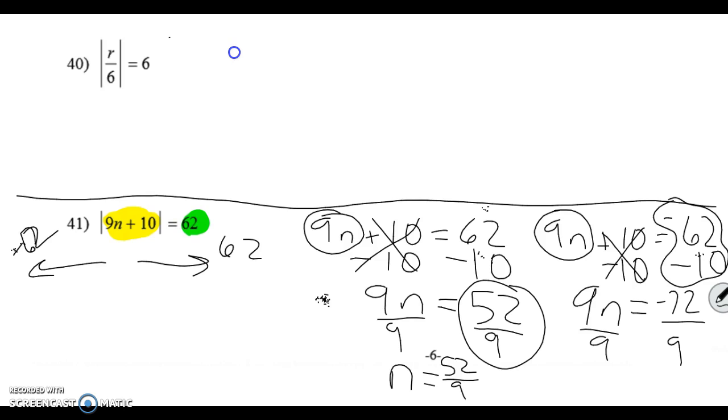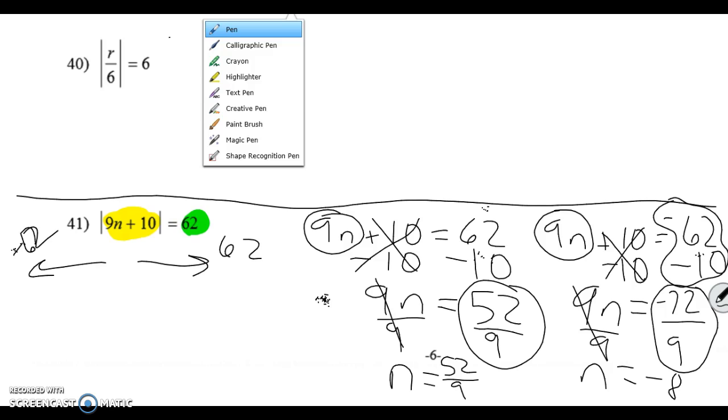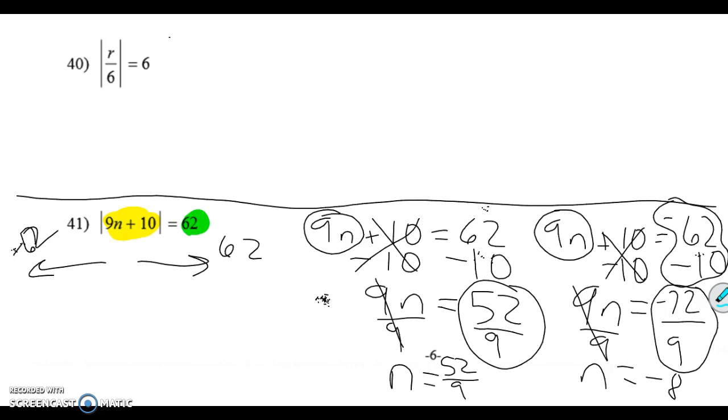And on the other side, that cancels, and we have negative 72 divided by 9, negative 8. So those are my two answers, 52 over 9 and negative 8. If you want to be fancy and turn this into a mixed number, we learned how to do that yesterday, that's fine.